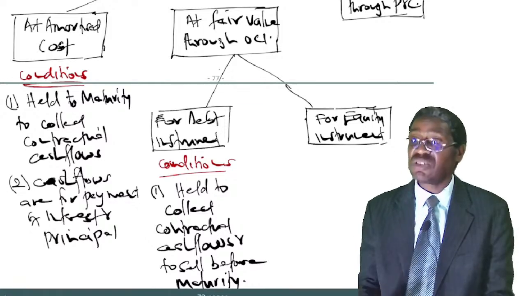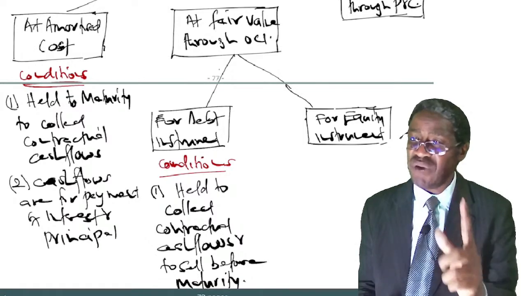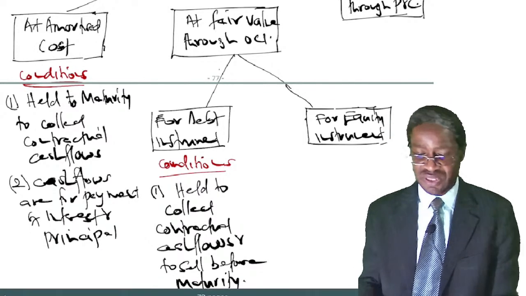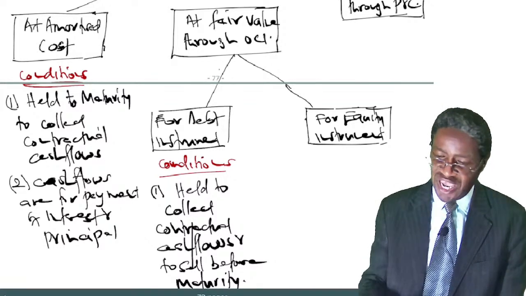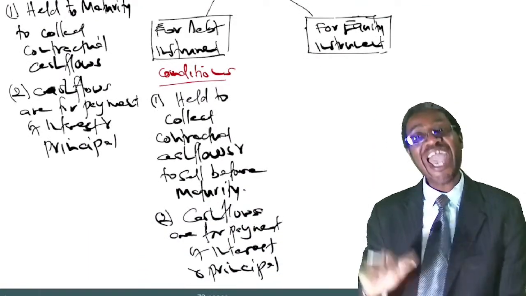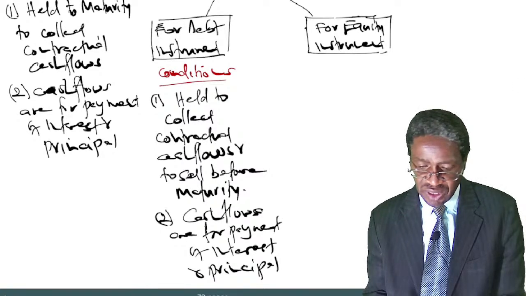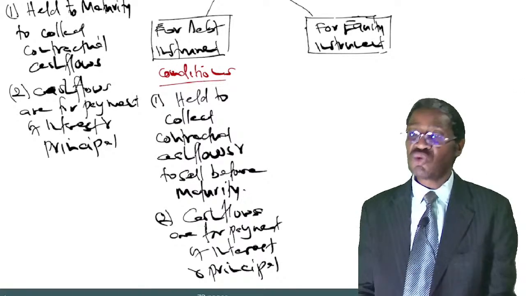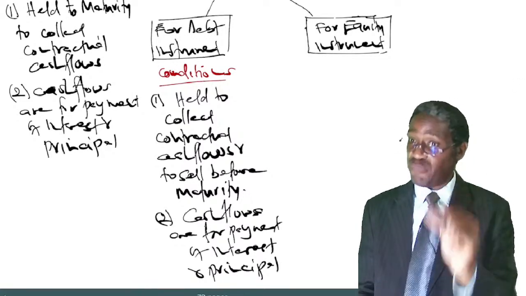For the second one, your aim is to sell it anytime you make a gain. So number one, it is held to collect contractual cash flows and to sell before maturity. Number two, those cash flows are for payment of interest and principal.